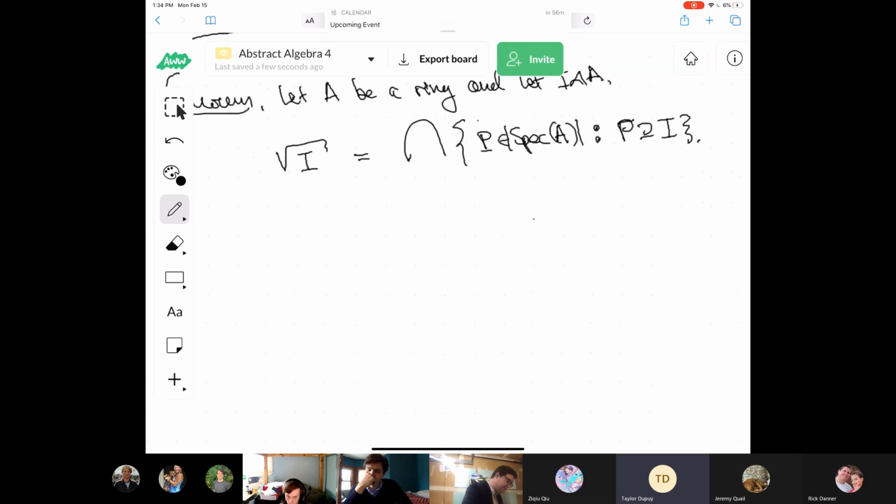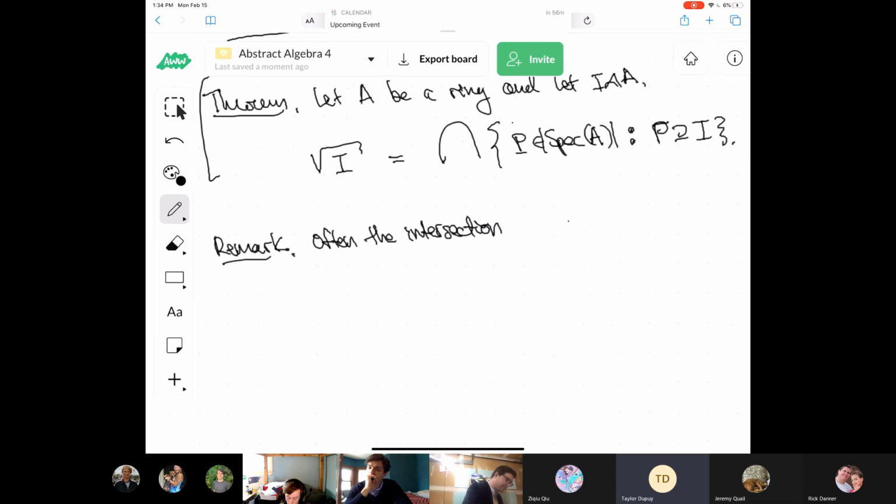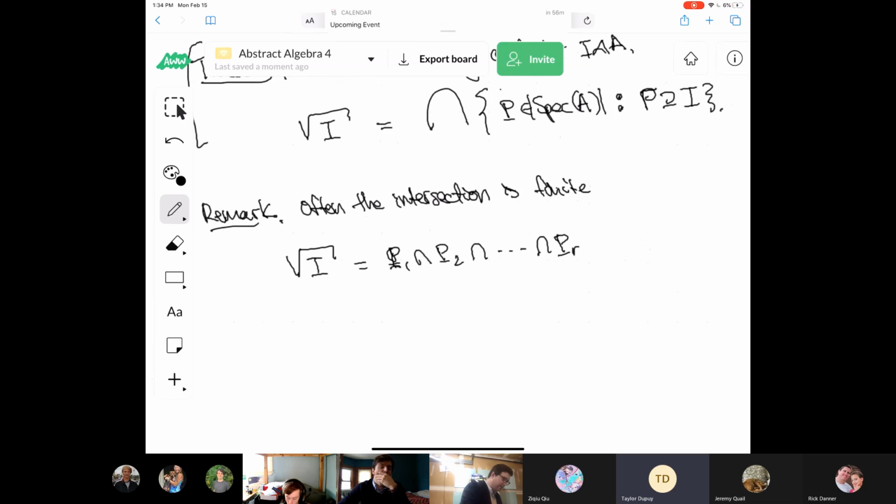Let me make a remark. Often the intersection is finite, like in a Noetherian ring, and the radical of I looks like P1 intersect P2 intersect and so on up to Pr.